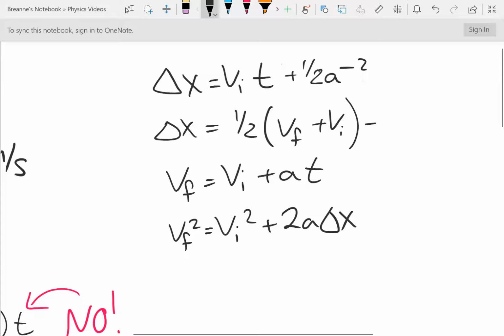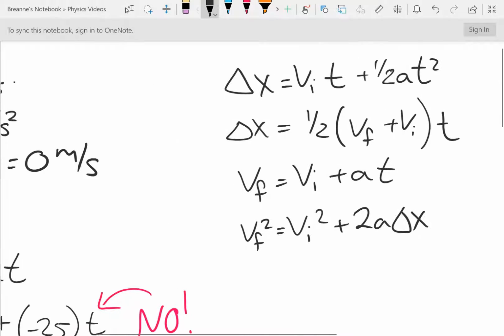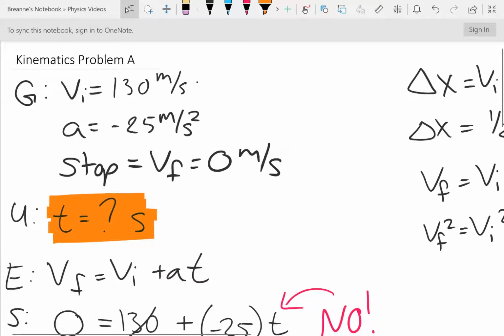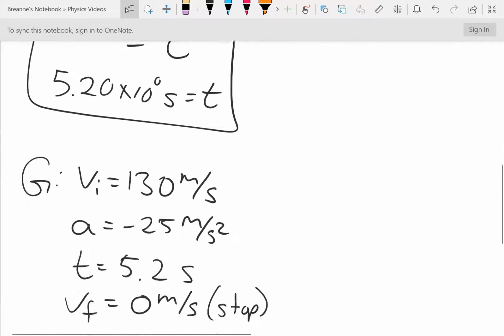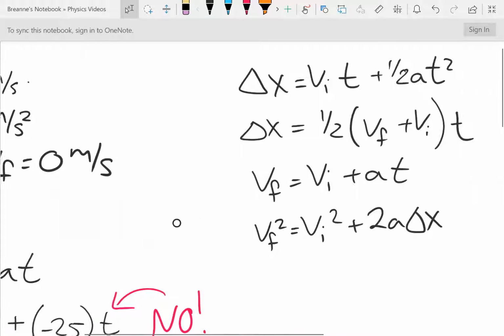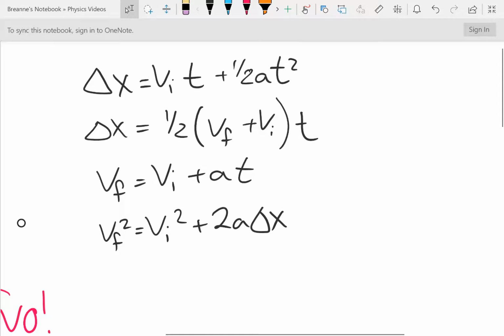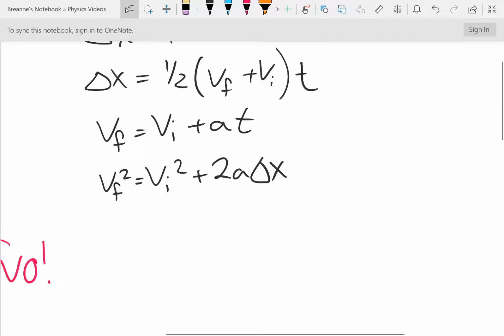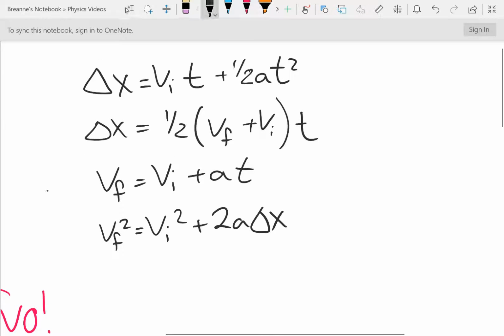So that should be a t, that should be a t, that should be a t. So we're looking for delta x. So we have to have delta x with our equations. So we have to mark out any equation that doesn't have delta x in it. 1 has delta x. 2 has delta x. Oh, 3 does not, so we can't use the third equation.